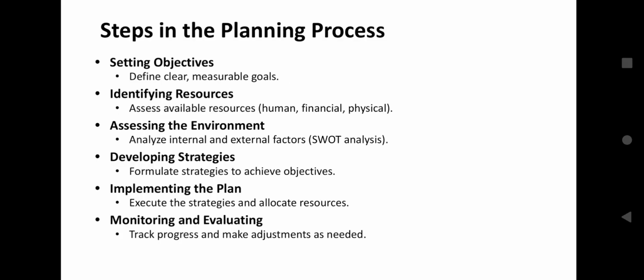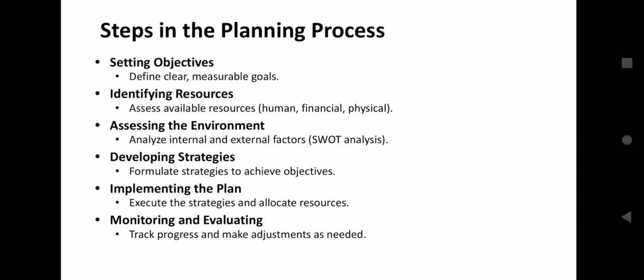Okay, there are the steps in the planning process. The first step is setting objectives. When setting objectives, you must clearly define what your goal is, and then you have to show a measurable value, that means scaling.